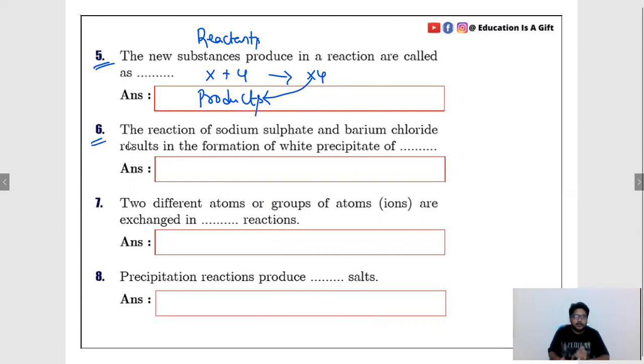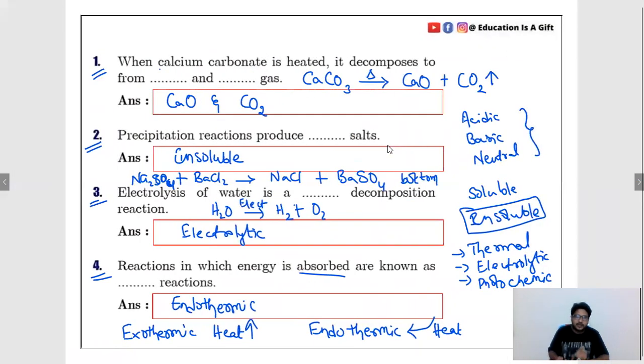Sixth question. The reaction of sodium sulfate and barium chloride results in formation of white precipitate of dash. Here if you see this question, like number 2, I told BaSO4 will be thick and milky white, and then NaCl is transparent.